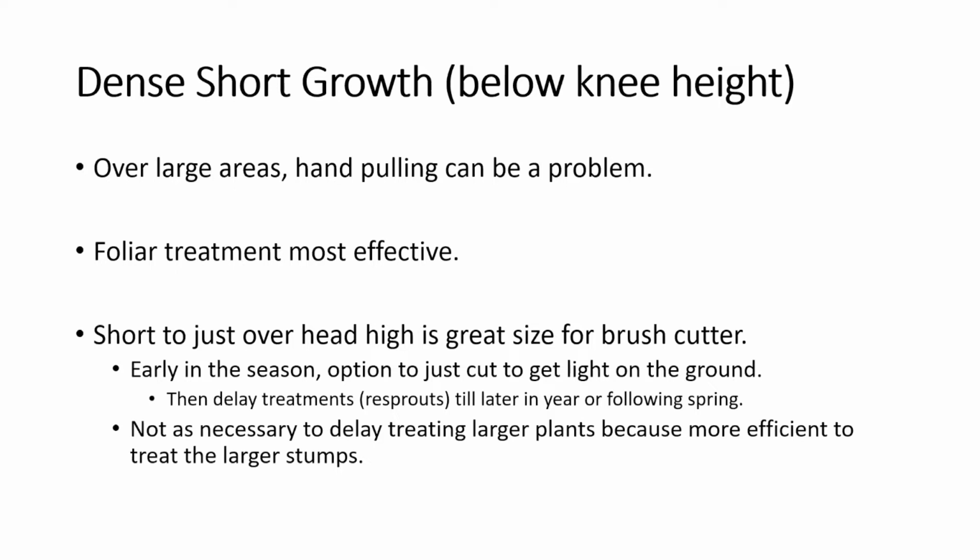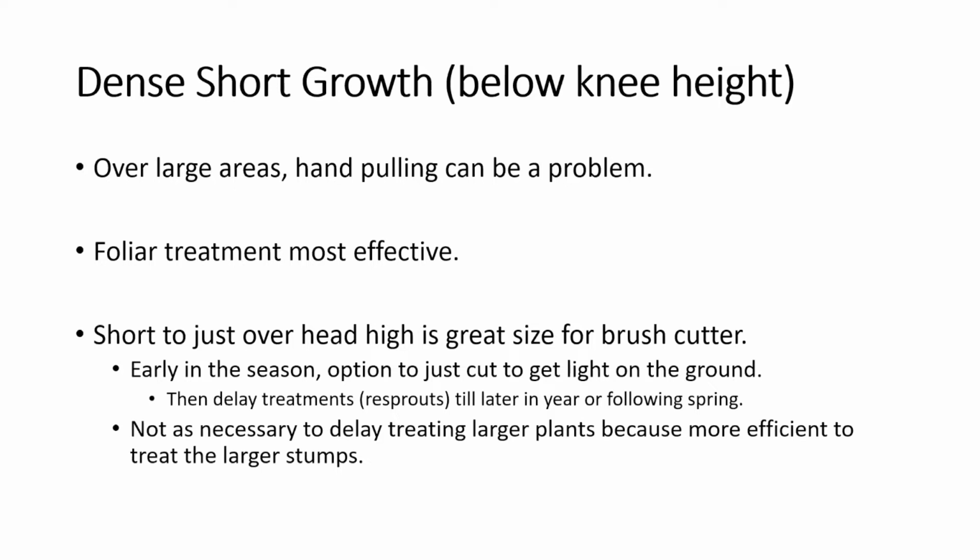But if you are doing a cut stump treatment on very short plants, I would suggest favoring something like a triclopyr 4 in some kind of basal oil, because you'll be able to treat more surface area of that stem. What that basal oil does is help the herbicide penetrate the bark, so you have more surface area for treatment uptake in that situation.